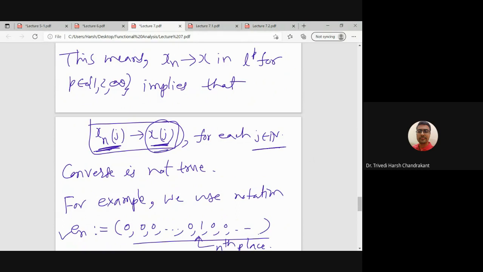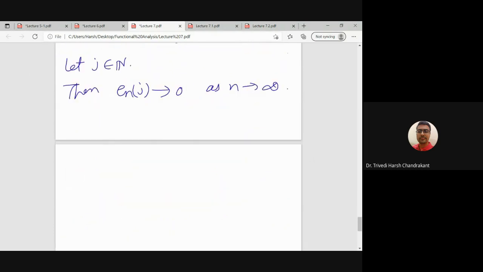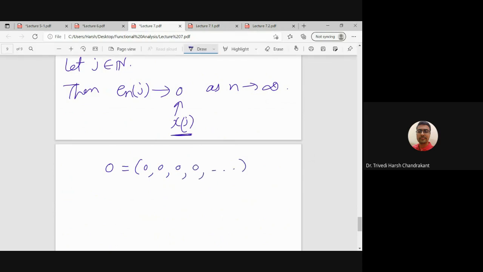So now using this we can define xj. So what is xj? xj is basically this. If you define this xj, then the corresponding function we are getting is 0, 0, 0. Right? x1, x2, xn, each of them are 0. So we are getting this function, which is basically a sequence.